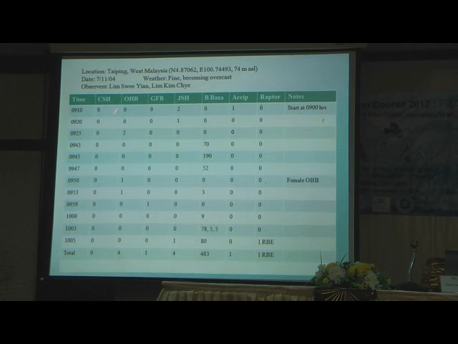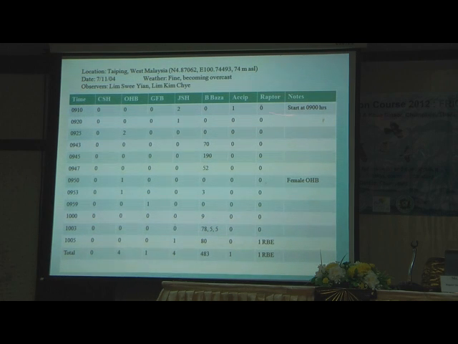And then here, short form: Chinese sparrowhawk, Oriental honey buzzard, grey-faced buzzard, Japanese sparrowhawk, accipiter. Any raptor that you are not sure of the species, you can include as accipiter, or if it is a big raptor, you put as raptor.